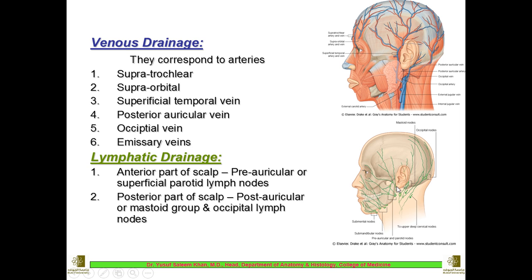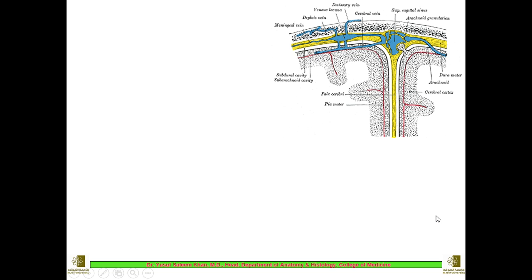These are called the preauricular, or they are also called the superficial parotid lymph nodes which are present here. Okay, the area of the scalp behind will be draining into the postauricular or the mastoid group of lymph nodes as well as the occipital group of lymph nodes. So these are the two groups of lymph nodes into which the posterior part of the scalp will be draining. And finally all these will be draining into the deep cervical group of lymph nodes.